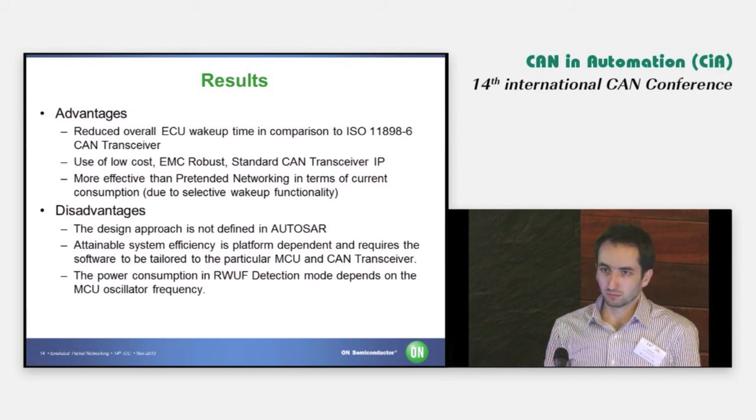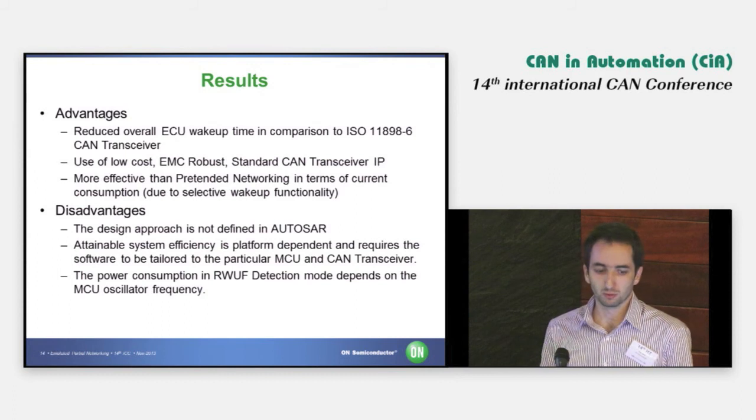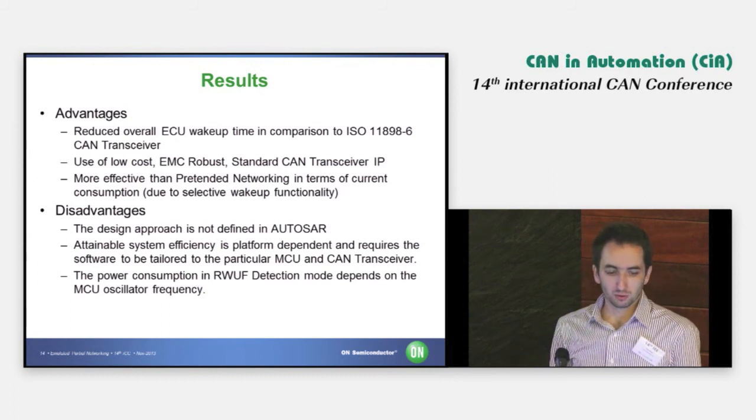Then, you have your ECU, which is already produced and based on the standard CAN transceiver, which is usually robust in terms of EMC and time proven, so you know what you have. And as I mentioned, this is a bit more effective in comparison to pretended networking, which is also an option for those who cannot use these partial networking transceivers.